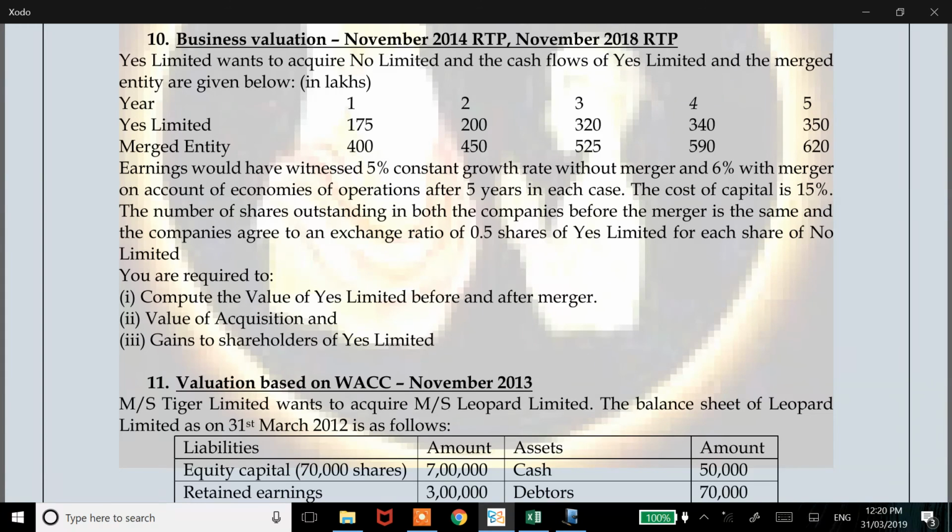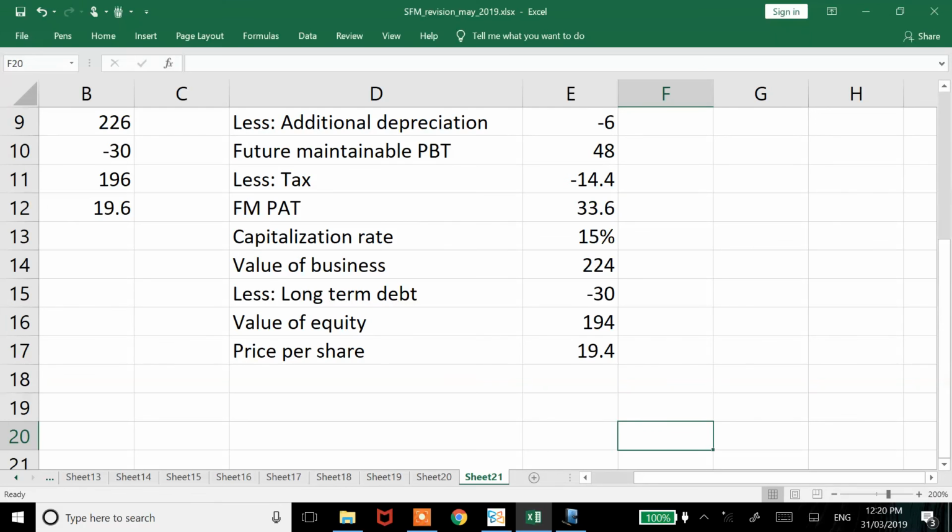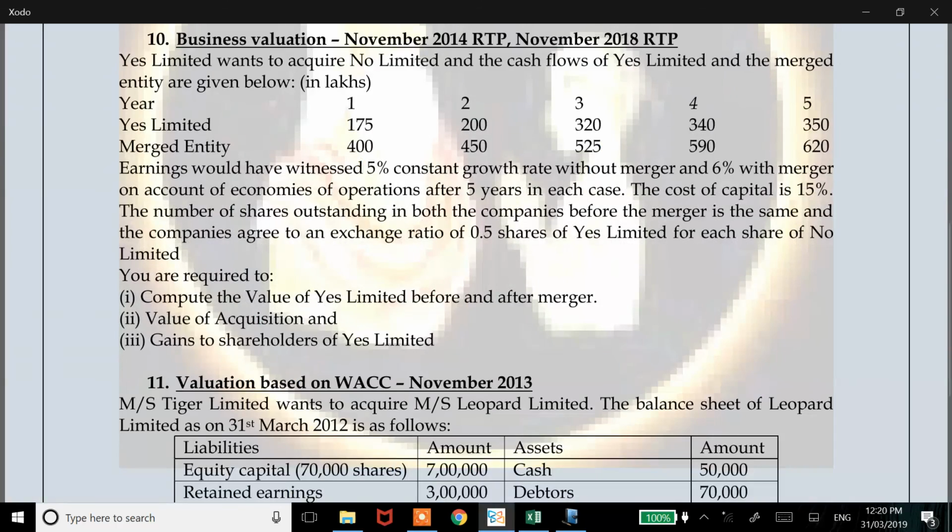Any doubts in this? The fair price is the average, which is 19.5. Try question number 10.